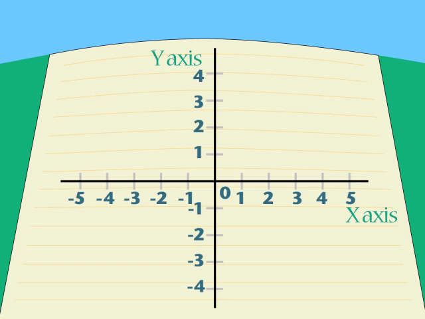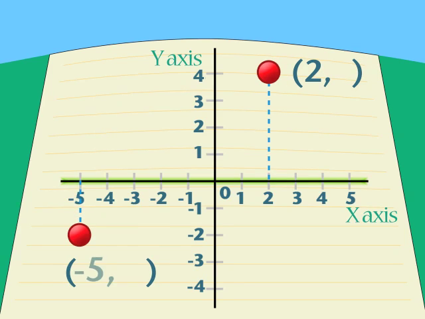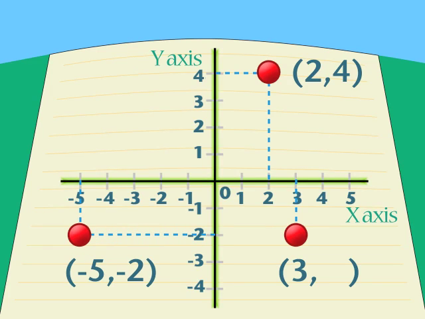If you remember, x is horizontal or east-west, and that number comes first. Y is vertical or north-south, and it comes second. And the two numbers are written in brackets with a comma in between.